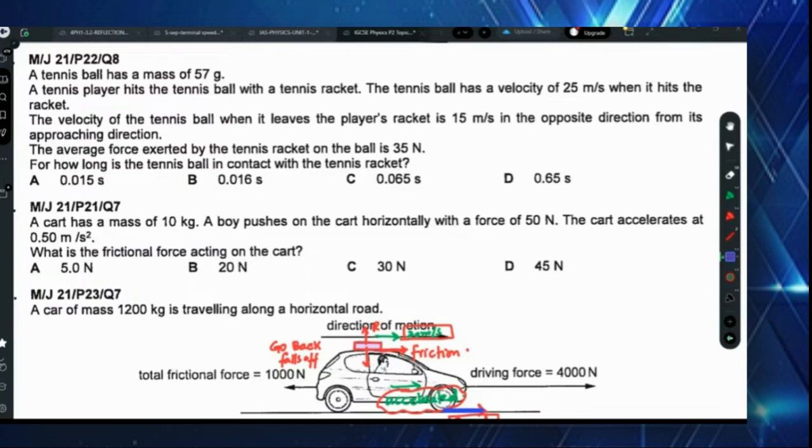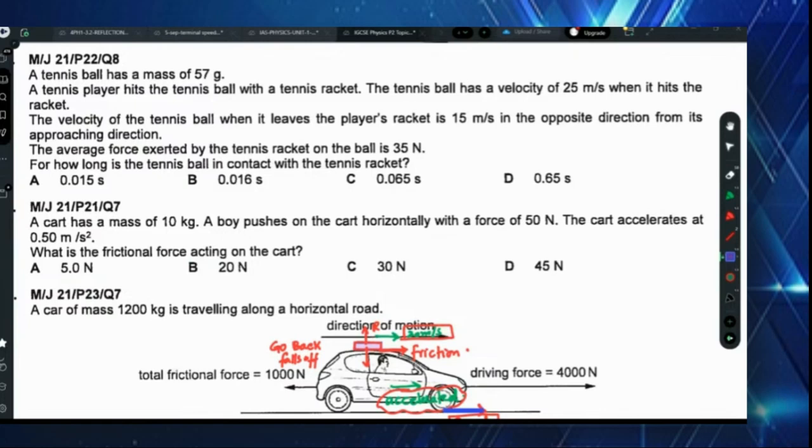The velocity of the tennis ball when it leaves the player's racket is 15 meters per second in the opposite direction from its approaching direction. The average force exerted on the tennis ball is 35 newton. For how long is the tennis ball in contact with the tennis racket?